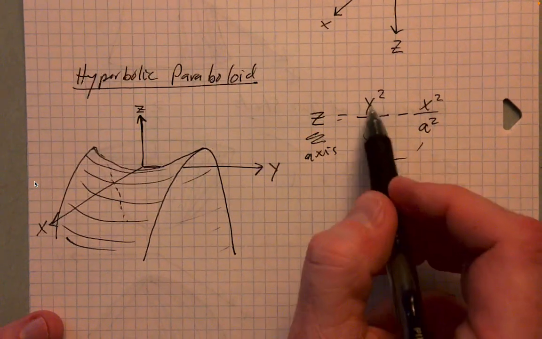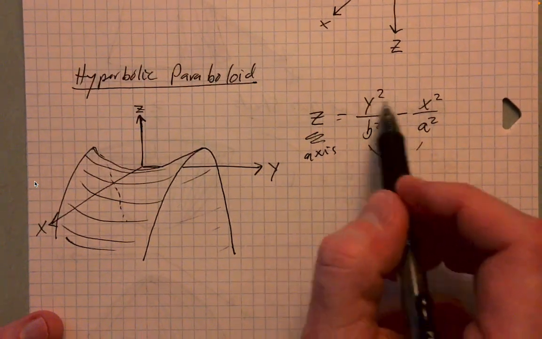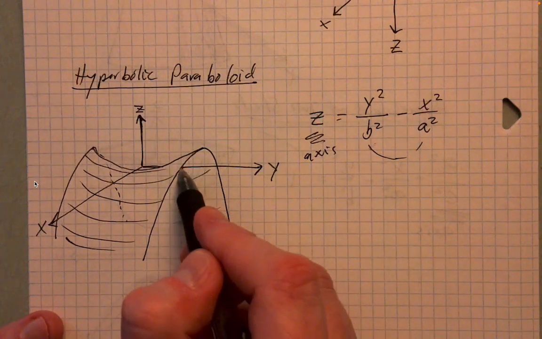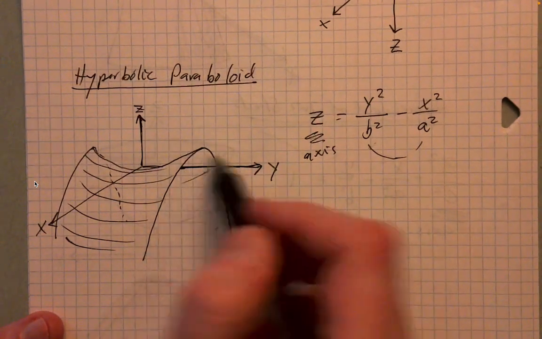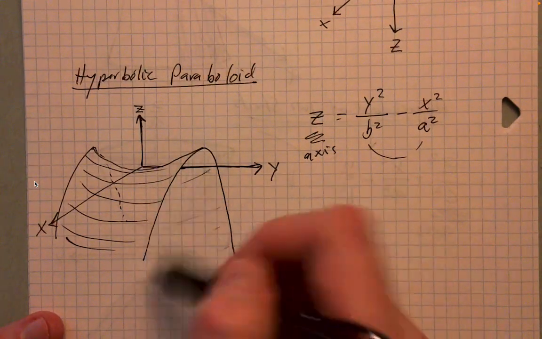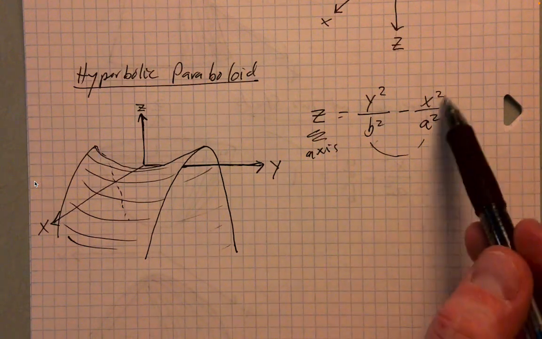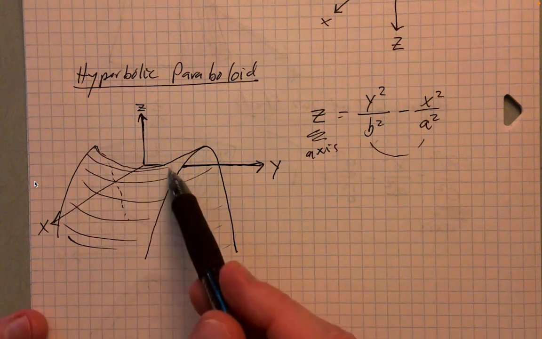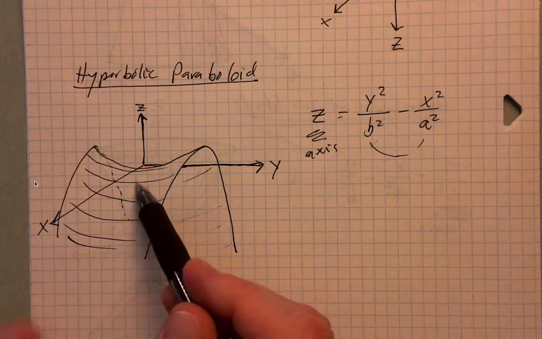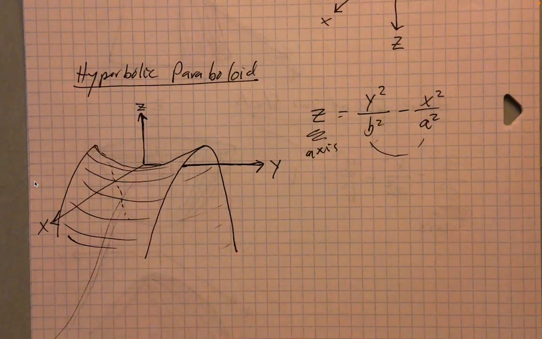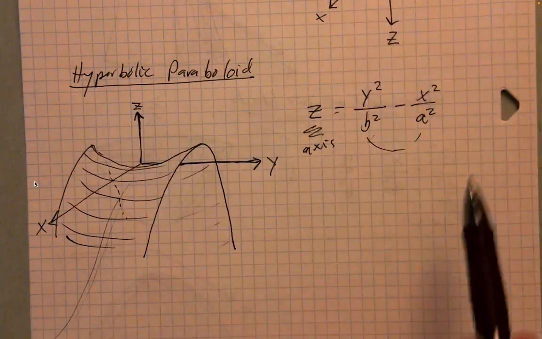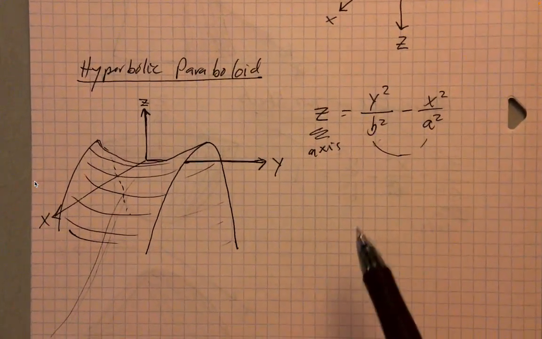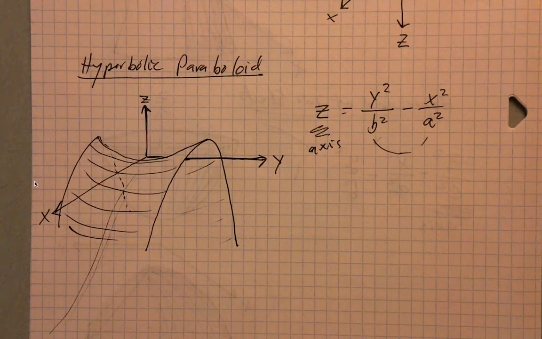Notice the y variable has a positive coefficient, and that's the piece that's kind of coming out the side of the saddle, and the x axis is the one that kind of goes over the top. Sort of like a slide, you could slide down this side. The slide part of the saddle is going to correspond to the variable with the negative coefficient.